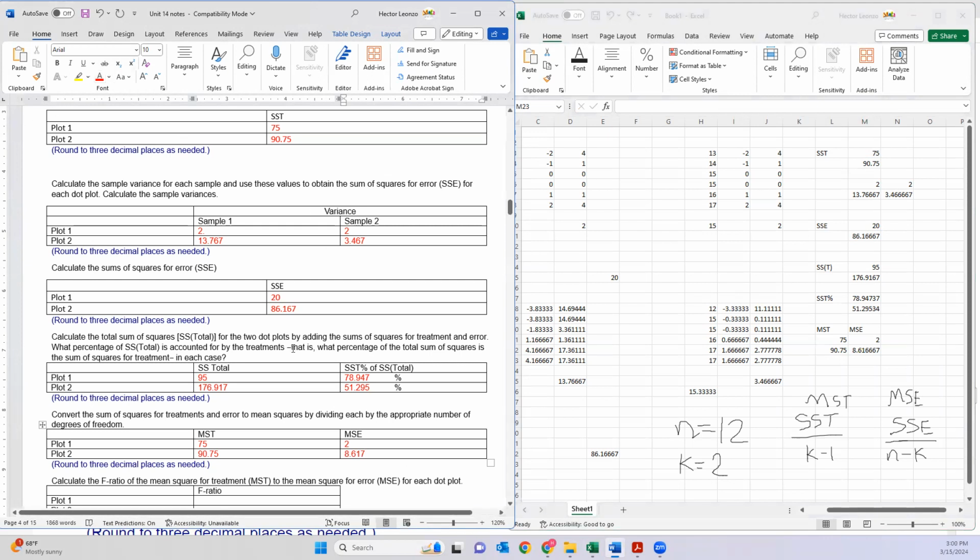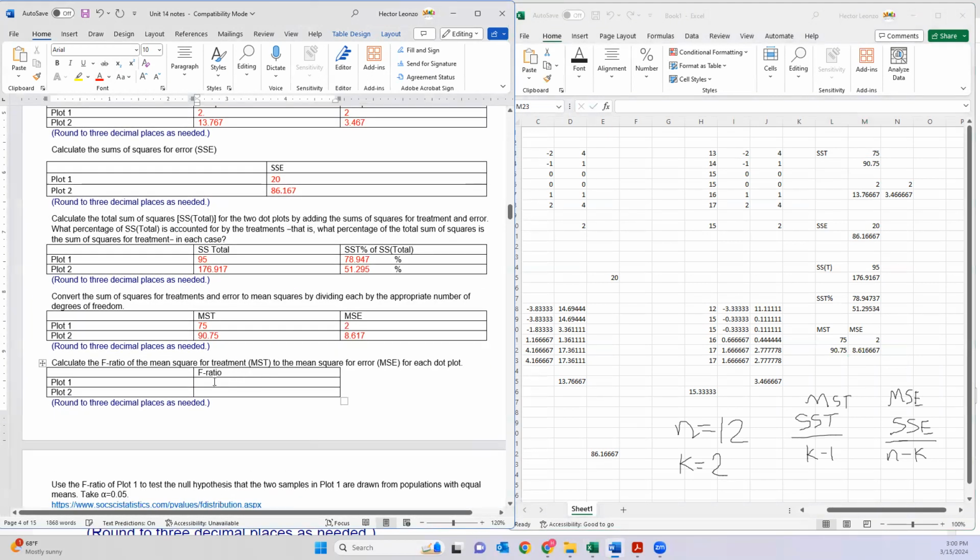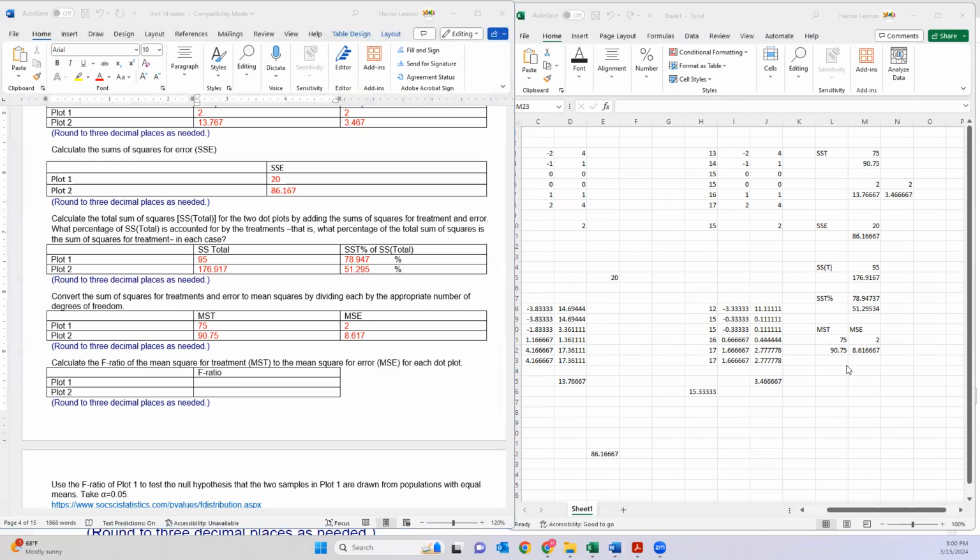And then to finalize this question, I'm asking for the F ratio. Calculate the F ratio of the mean square treatment, MST, to the mean square for error for each dot plot. Let me clear these drawings here.